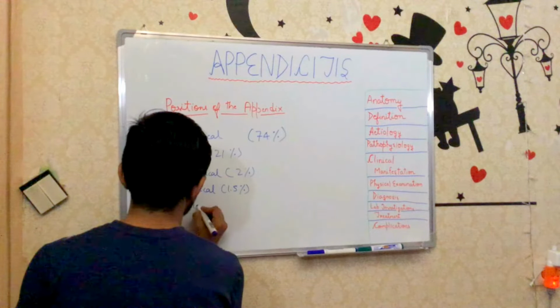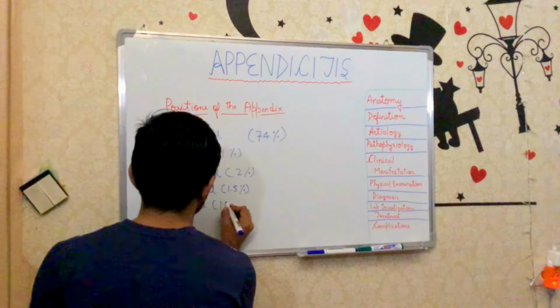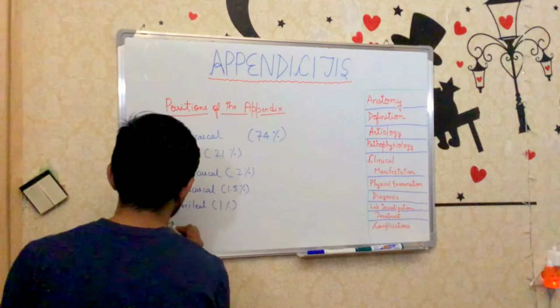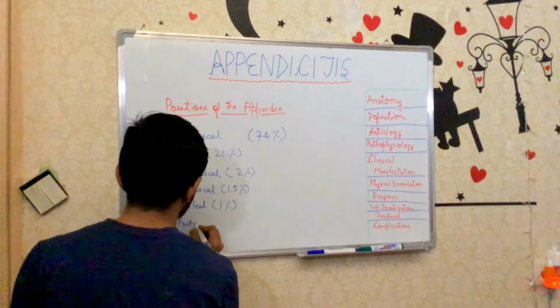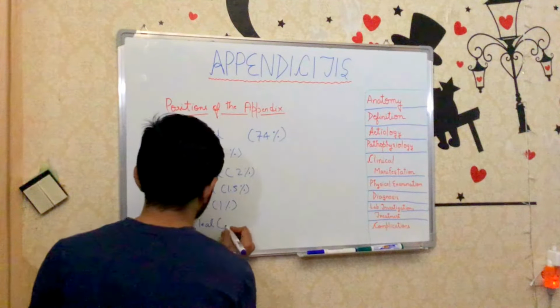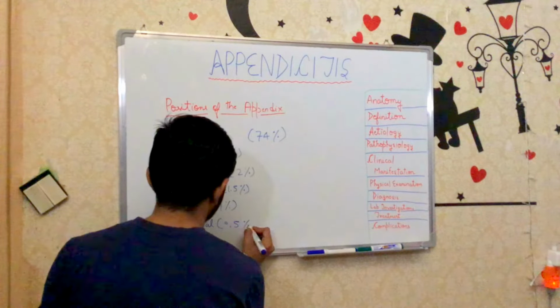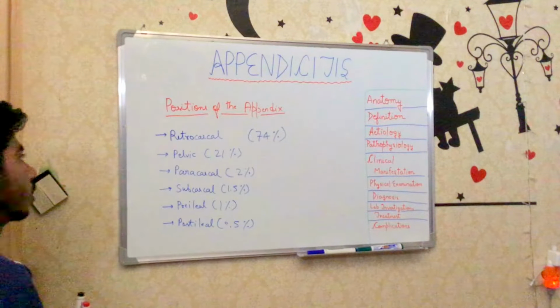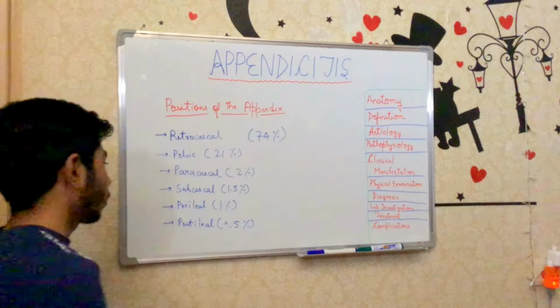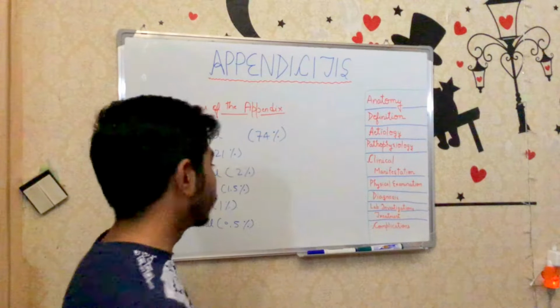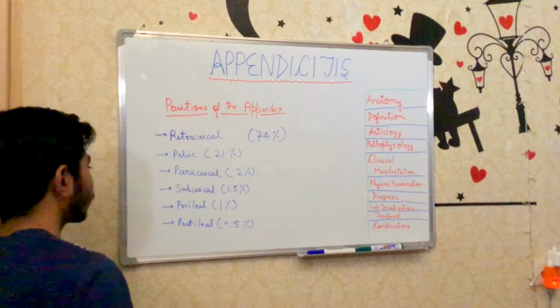Preileal, 1% of the people, and postileal, 0.5% of the people could have the appendix position below the ileum.